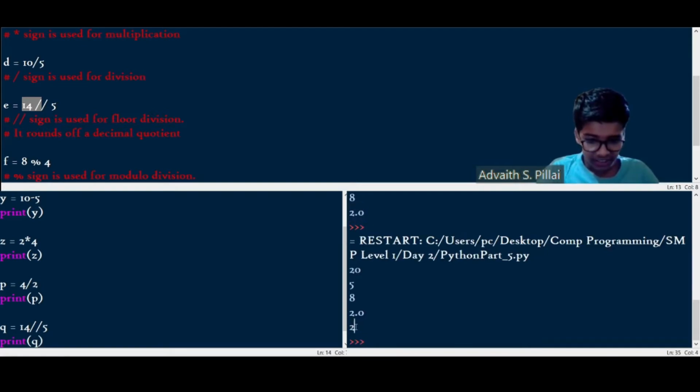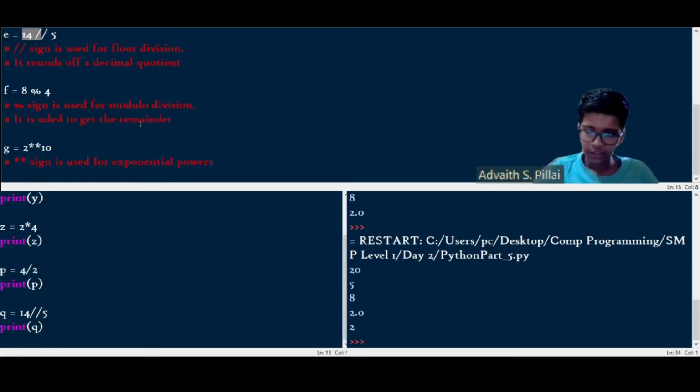As you can see, we got 2, because the largest multiple of 5 up to 14 is 10, and 10 divided by 5 is 2. So it rounded off the decimal quotient down to the nearest whole number. Okay guys, so this is how floor division works.